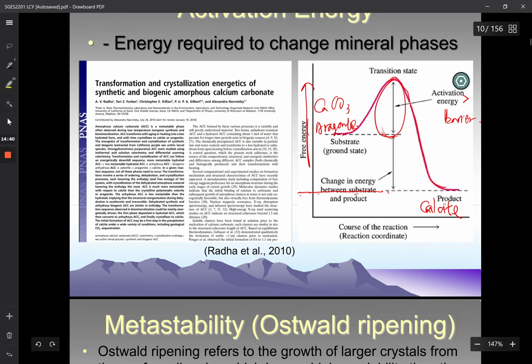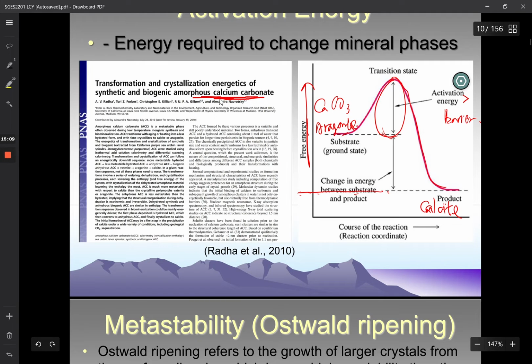You can read this interesting paper about the transformation and crystallization energetics of synthetic and biogenic amorphous calcium carbonate, which is about the transformations of calcium carbonate. Biologically, it favors the rapid formation of amorphous calcium carbonate because it's easier to form.